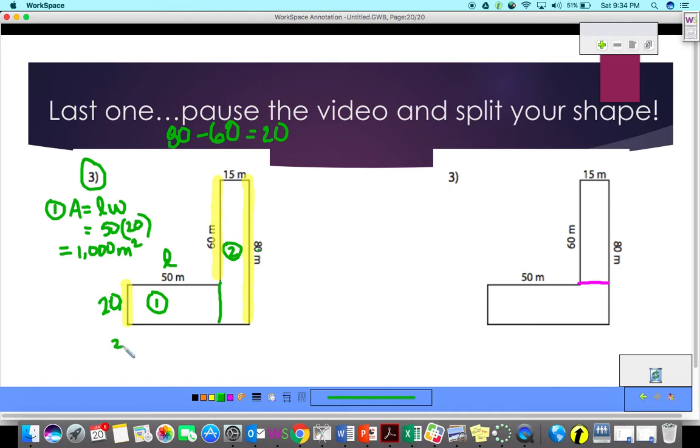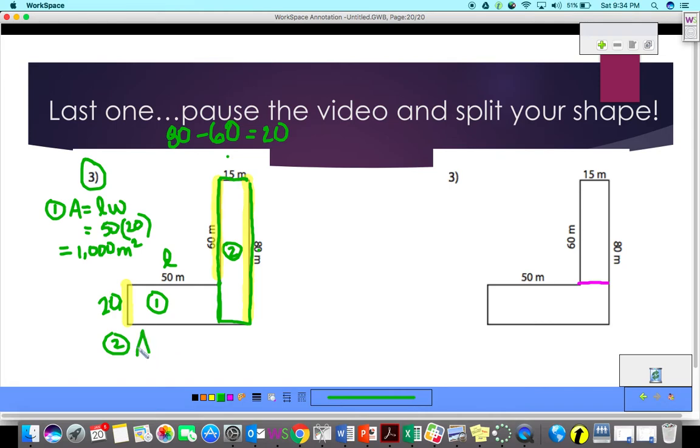Now shape 2 over here actually has all the information that I need. Shape 2 is the entire length, which is 80 when I read that. That 60 doesn't go all the way to the bottom, so I can't use that. And 15 across.